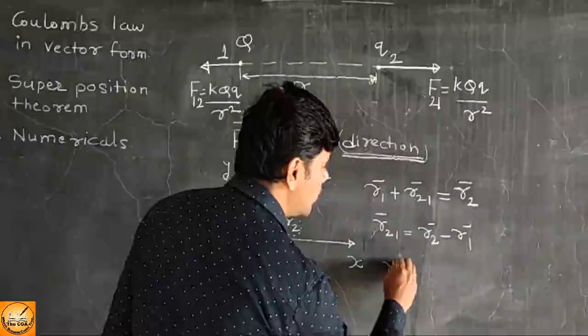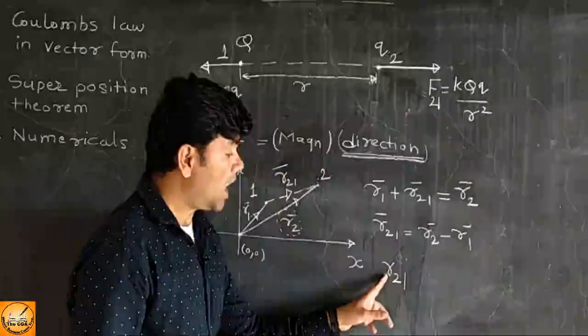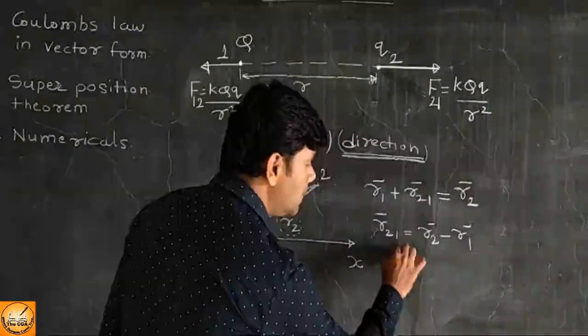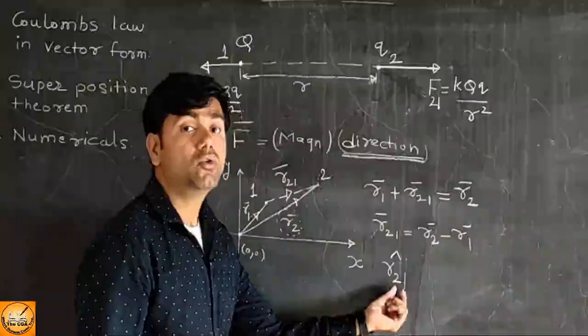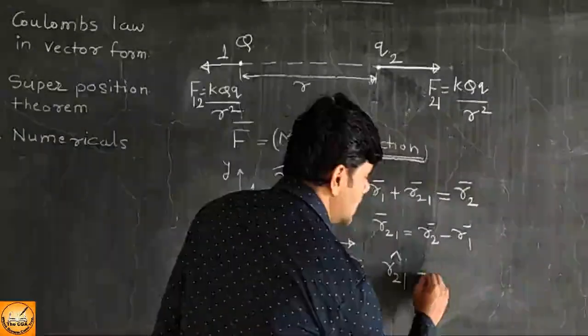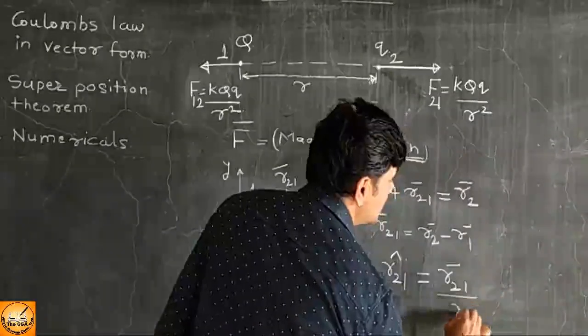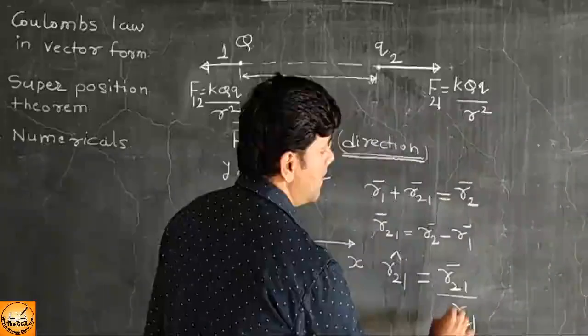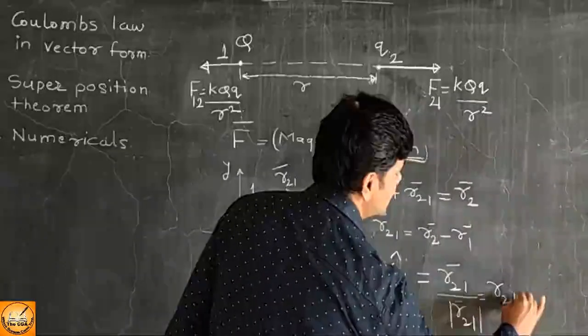So unit vector means what? The unit vector along R21 bar can be represented as R21 cap. It will be equal to R21 bar divided by its magnitude, or you can say just the distance.